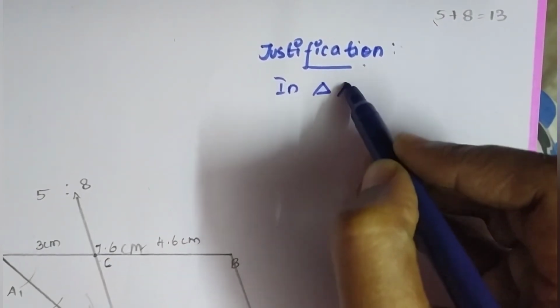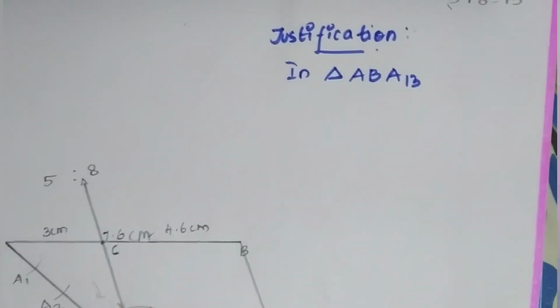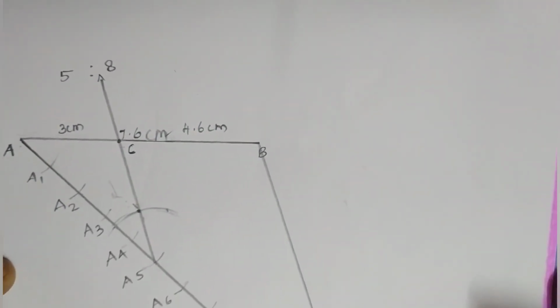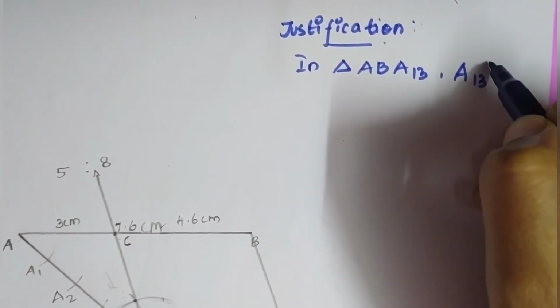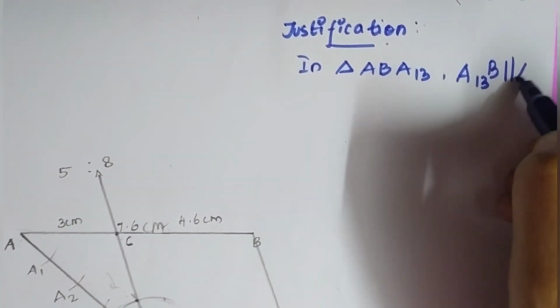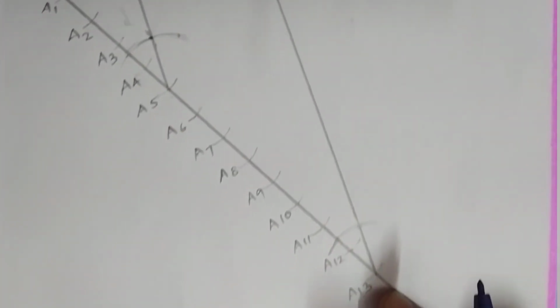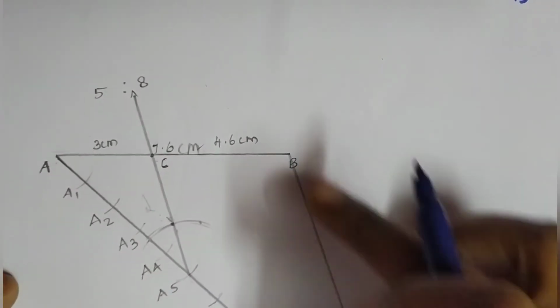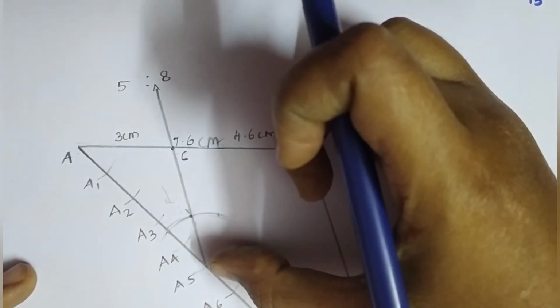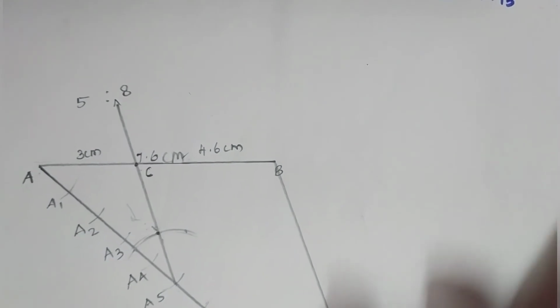In triangle AB A13, which one is parallel? A13B is parallel to A5C. These two are parallel lines.